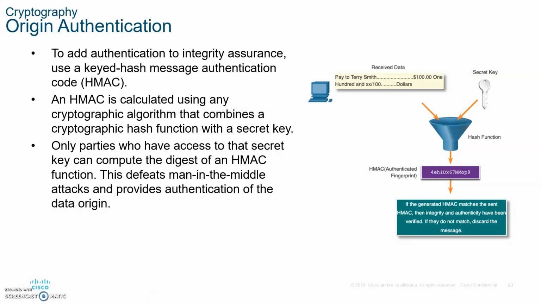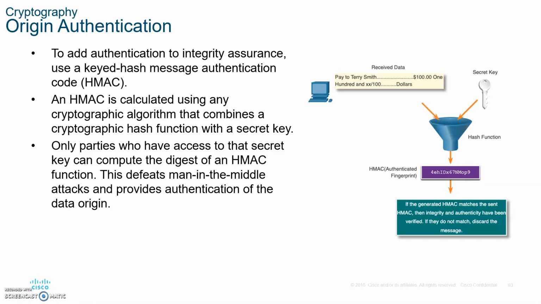Then you got the HMAC. So what you do is you take your hash and you encrypt it with a key. So when you send it, which we'll discuss later on, you have a key that you're going to use to decrypt the hash. You don't just send the hash in plain, because somebody can change the numbers in the hash, and the integrity of the data will be corrupted.